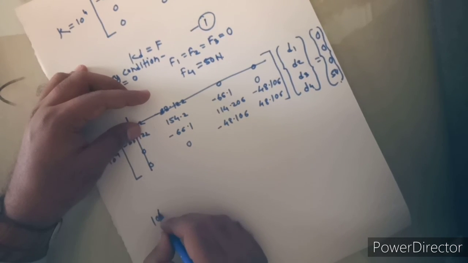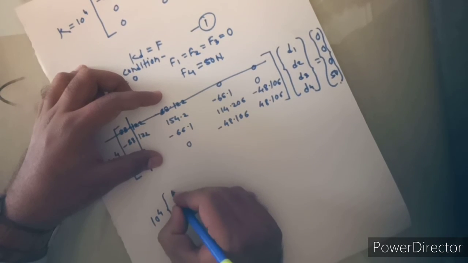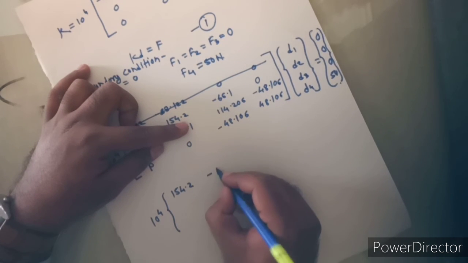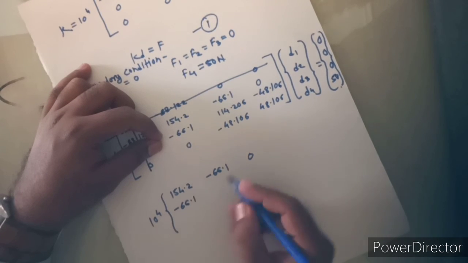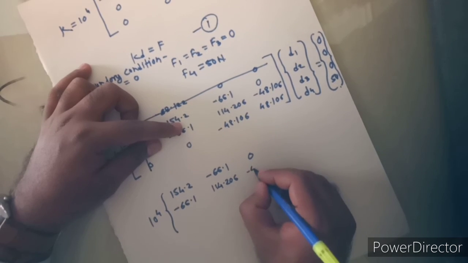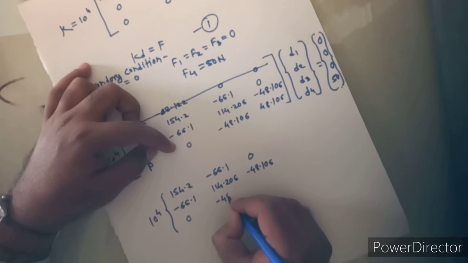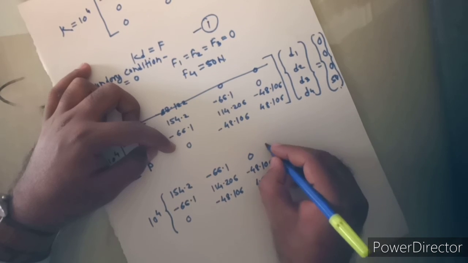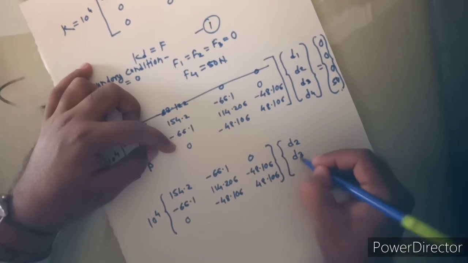Then you will get 10 raised to 4 into 154.2 minus 66.1 0, minus 66.1 114.206 minus 48.106, 0 minus 48.106 48.106, into D2, D3, D4.